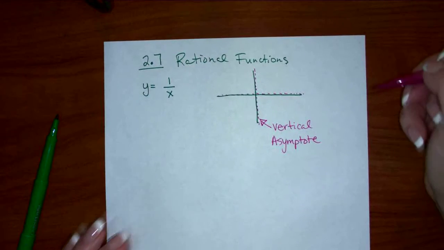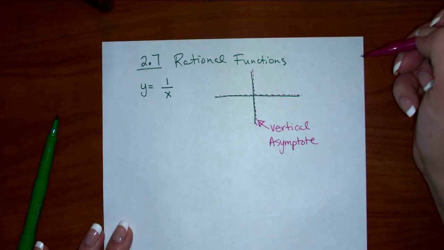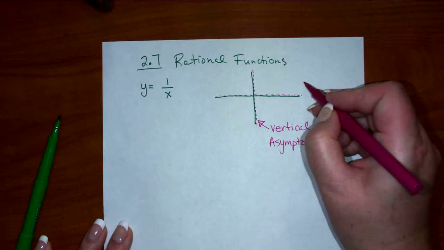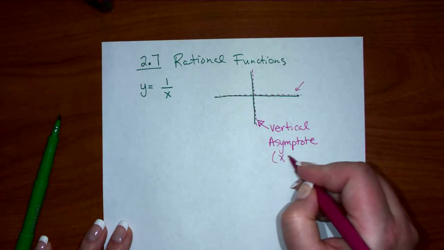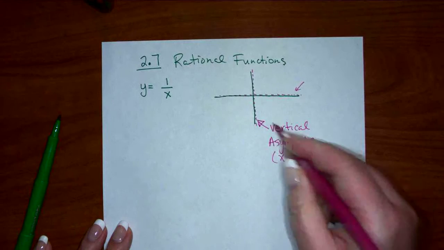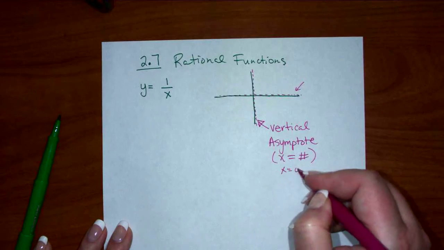That's the vertical asymptote, the one that goes up, and that's going to be x equals a number. In this case, it's x equals 0.